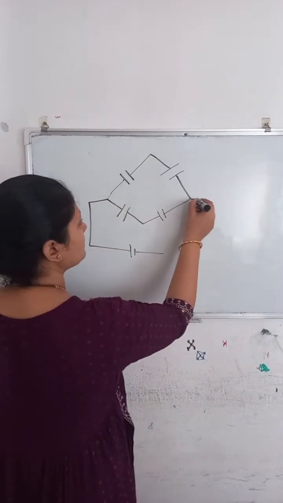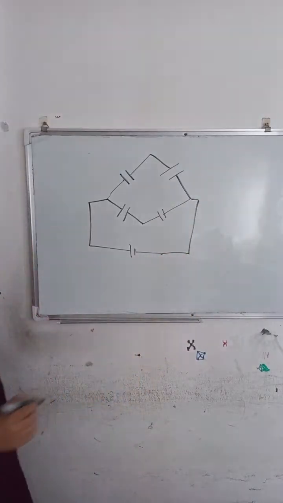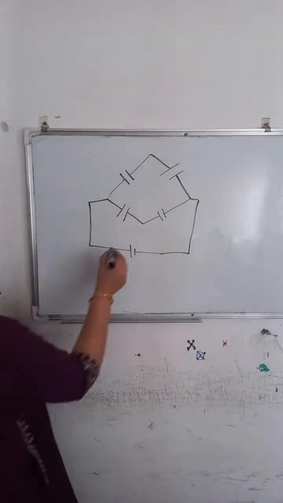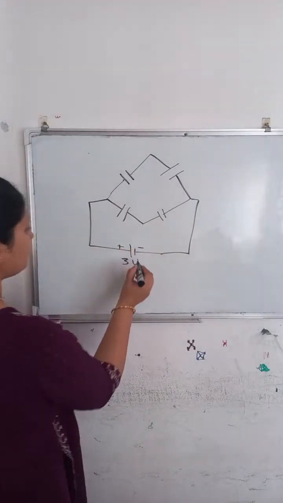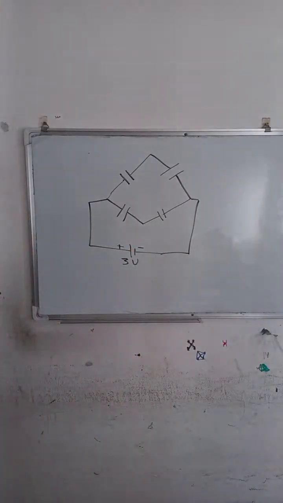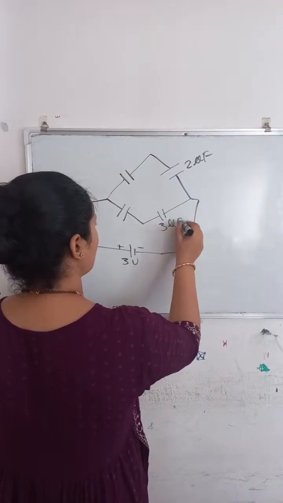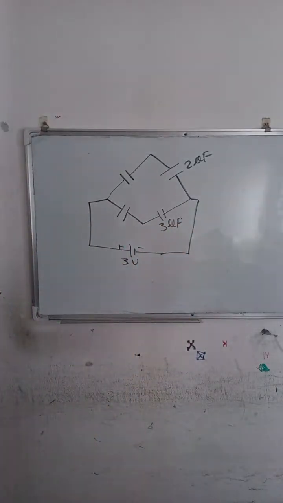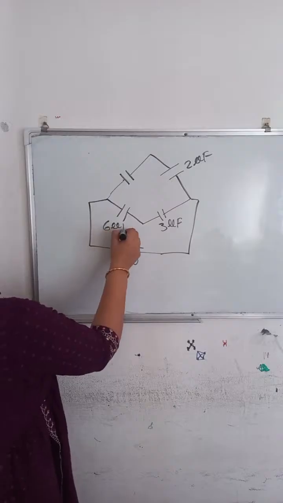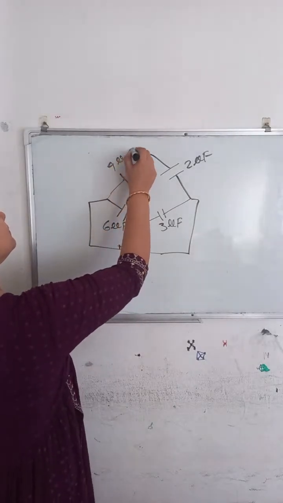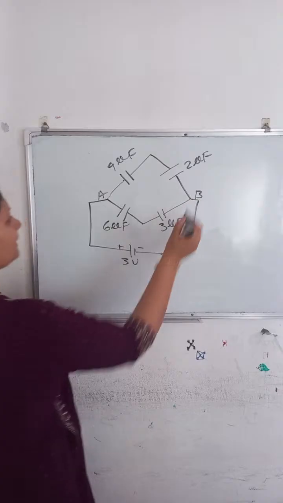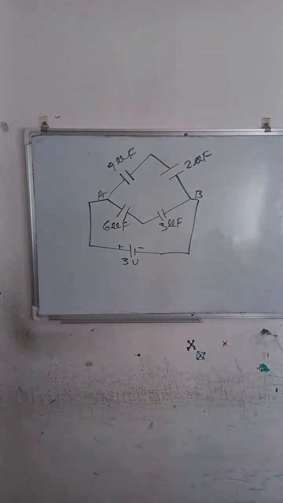Draw this figure. This is plus minus 3 volt. Then 2, 3. This is terminal A and B. So they are asking us to find out the total charge stored on the network.